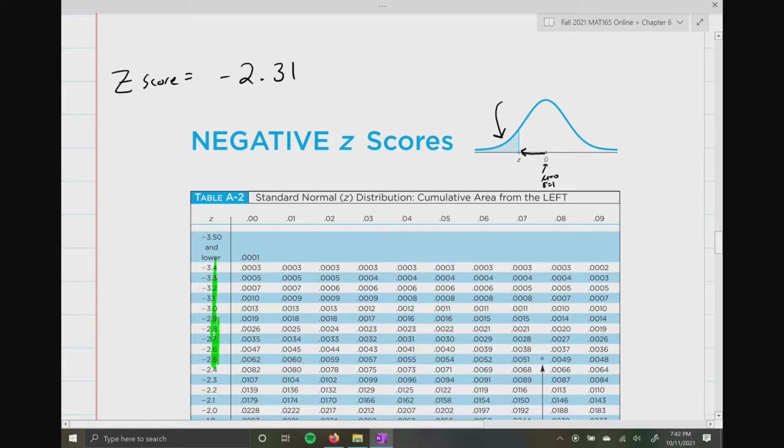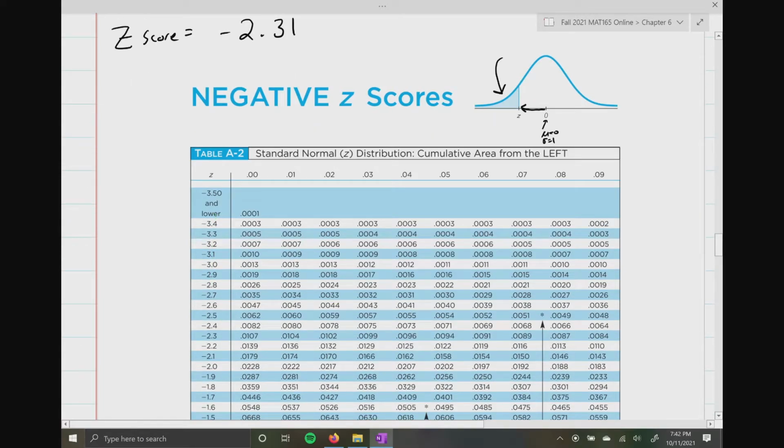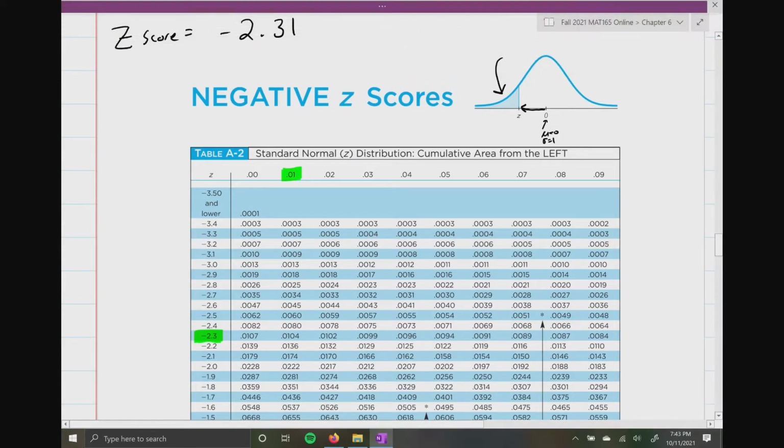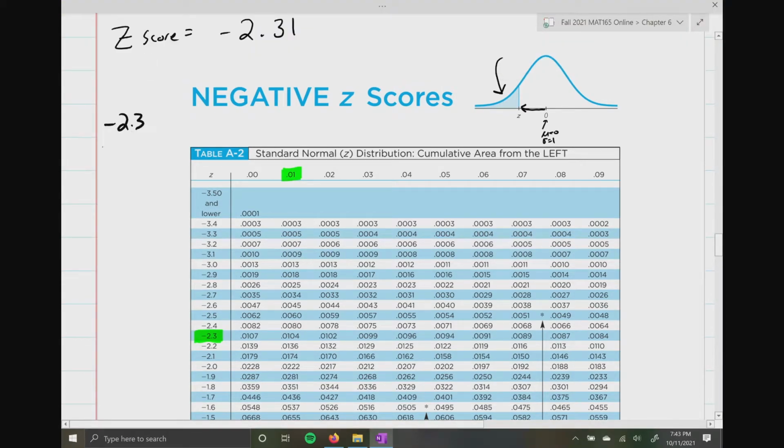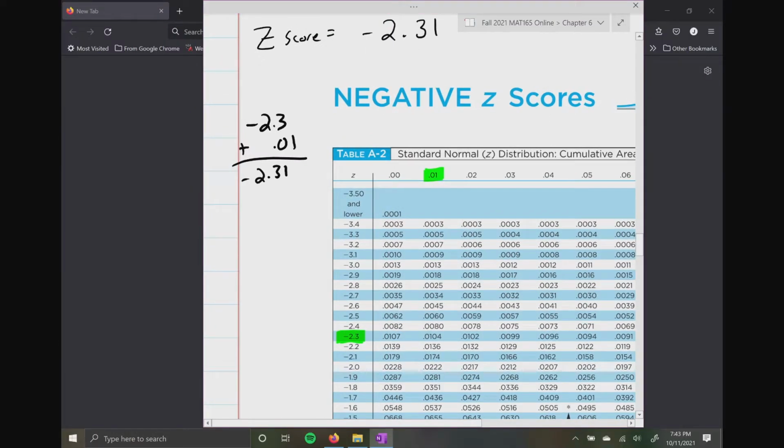So if we wanted negative 2.31, I'm going to go to negative 2.3, which is right here in the lower left-hand corner. And then I'm going to go over to 0.01, because negative 2.3 plus 0.01 is negative 2.31. Now, all I have to do, oops, sorry, let me go back.